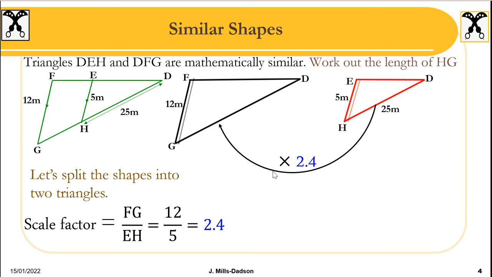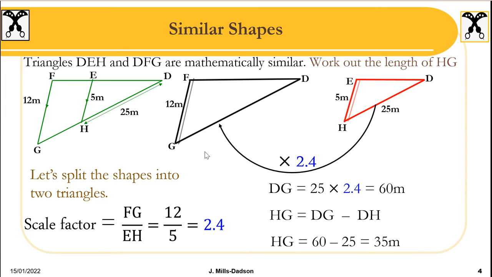So we have 2.4. I'm looking for a side on a bigger shape, so I need to multiply the corresponding side by the scale factor. That gives me 60. So the whole line here is 60, and this bit is 25. So to work out the missing bit, take 25 from 60. And that gives me 35.